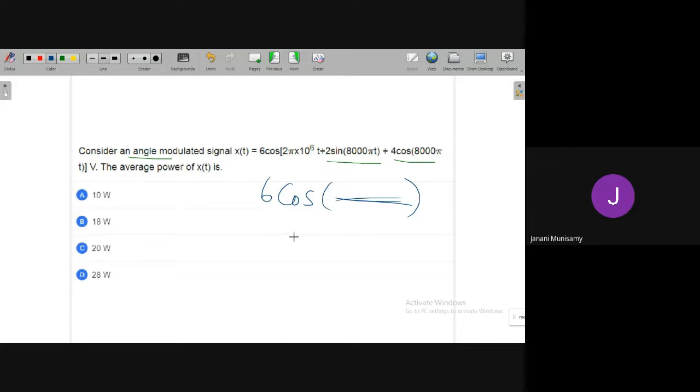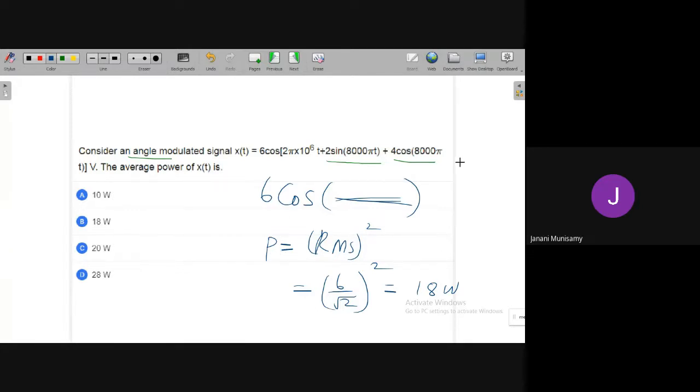I already told you, the power of this depends on the RMS value square. So what is the RMS value of this one? 18 watt is the answer. So please do not worry about the terms inside. That will not contribute to the power.